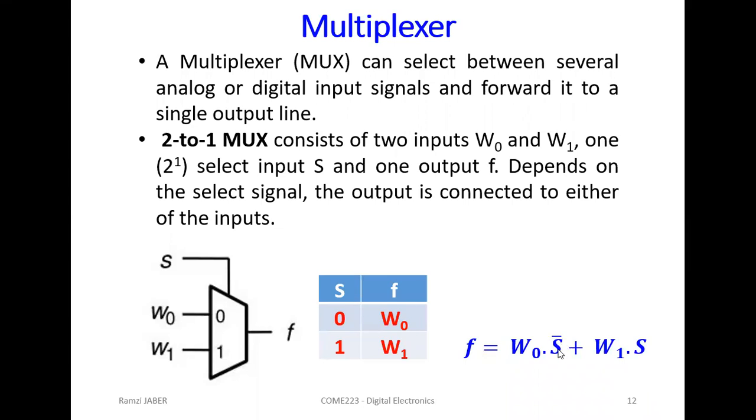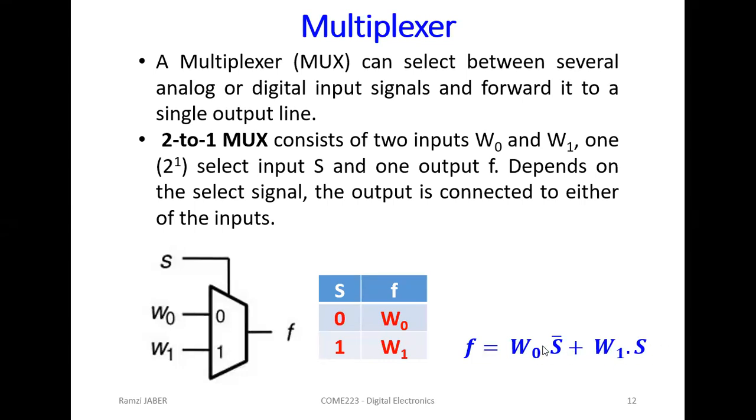For s equal to 0, this is the given equation. For s equal to 0, what happens here? s equal to 0, s bar is 1, and 1 and w0 gives us w0, plus, for s equal to 0 we still have 0 here, and 0 and anything will be 0.